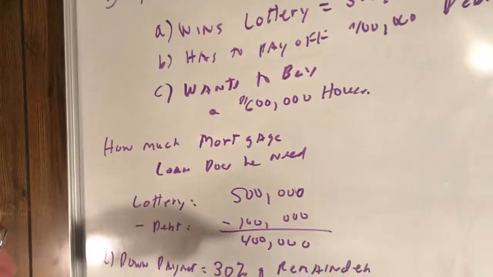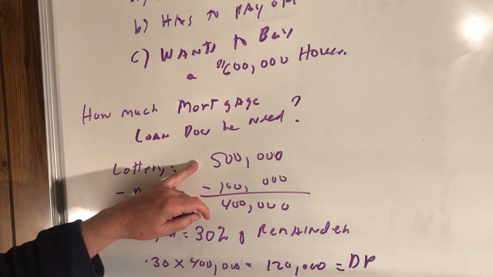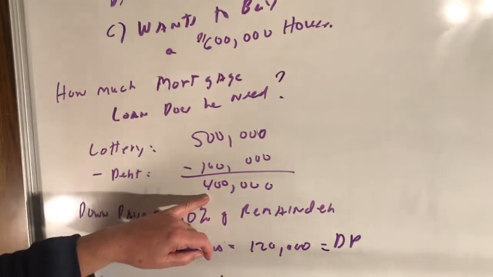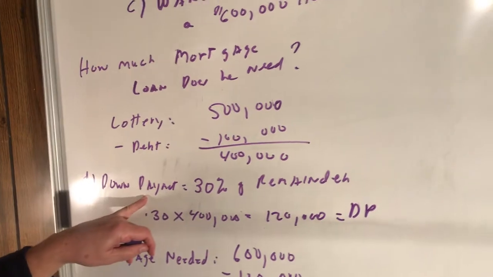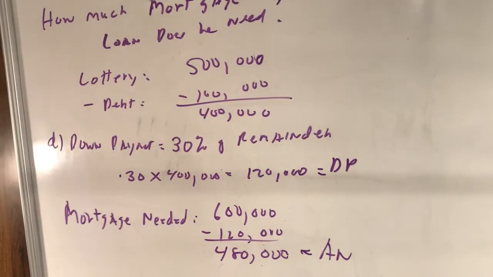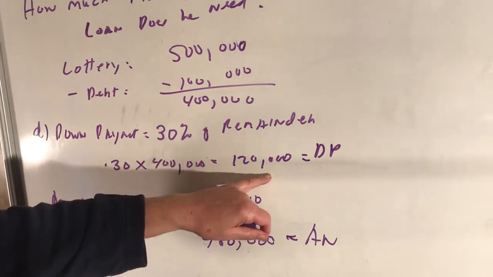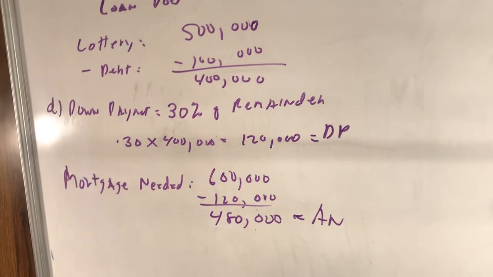That's the question. Well, the first thing we do is subtract his debt from his lottery earnings. That's $400,000. And he says he can make a down payment of about 30% of the remainder. Well, that's the $400,000. So he's going to make a $120,000 down payment.